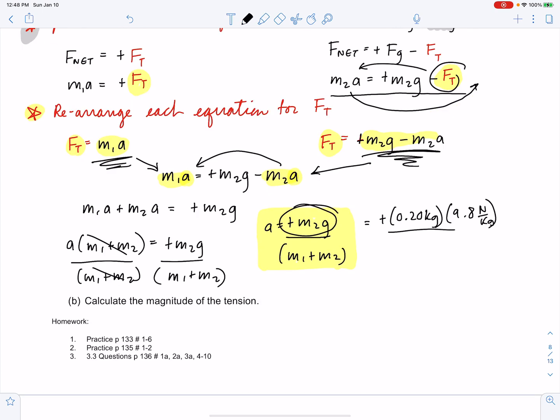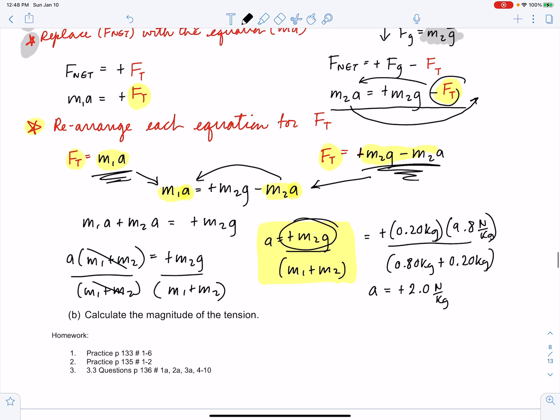Now divide this by M1, which is 0.8 kilograms, plus 0.20 kilograms. If you punch it into your calculator, you should get, to two significant digits, positive 2.0 newtons per kilogram.